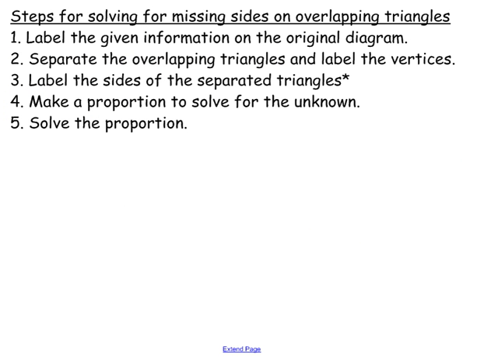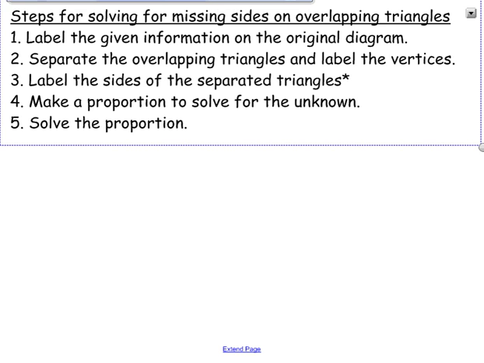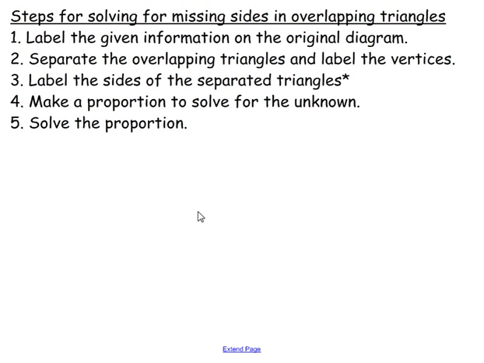Okay, so these are some steps that you could use to solve for missing sides in overlapping triangles. You're going to notice that I put a little asterisk on step 3, where it says label the sides of the separated triangles, because you really need to be careful with it.